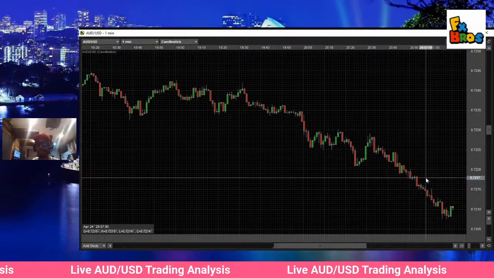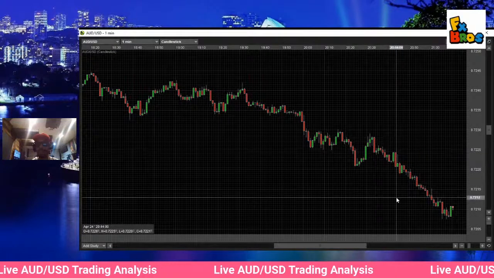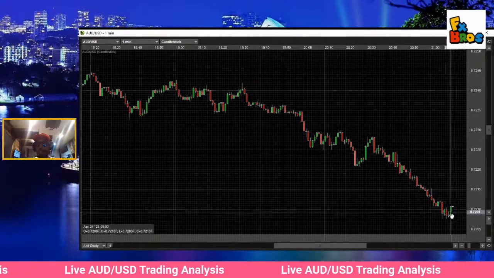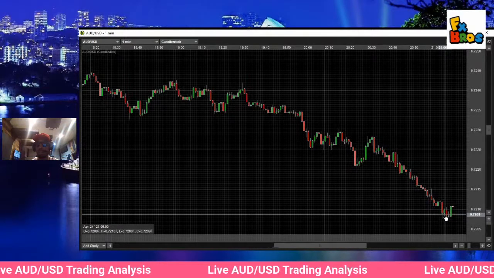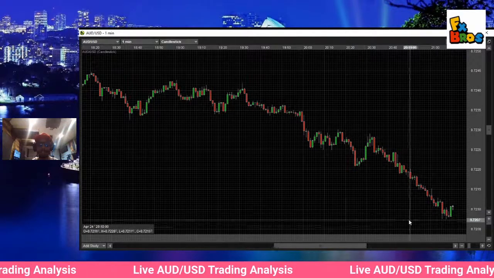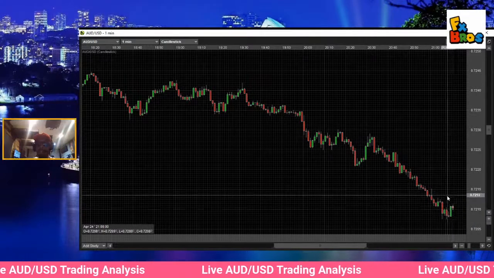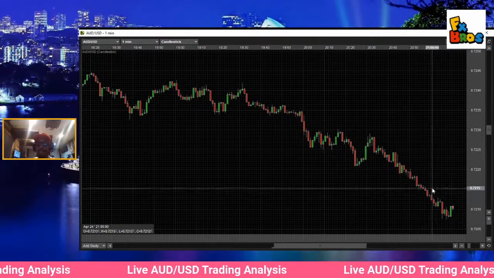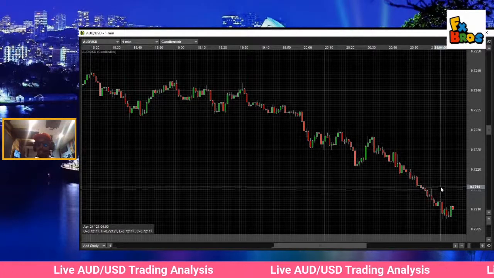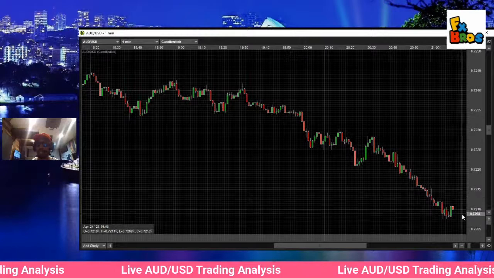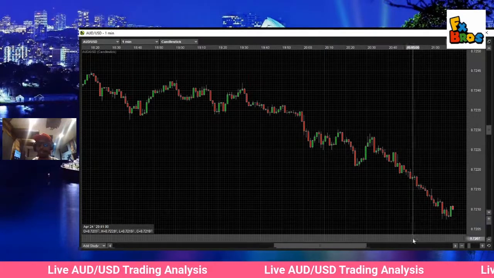I guess you could wait and see what this 1 minute gonna do. See if it has to take out this area, potentially 72.15. But if we continue down, that could be an entry.